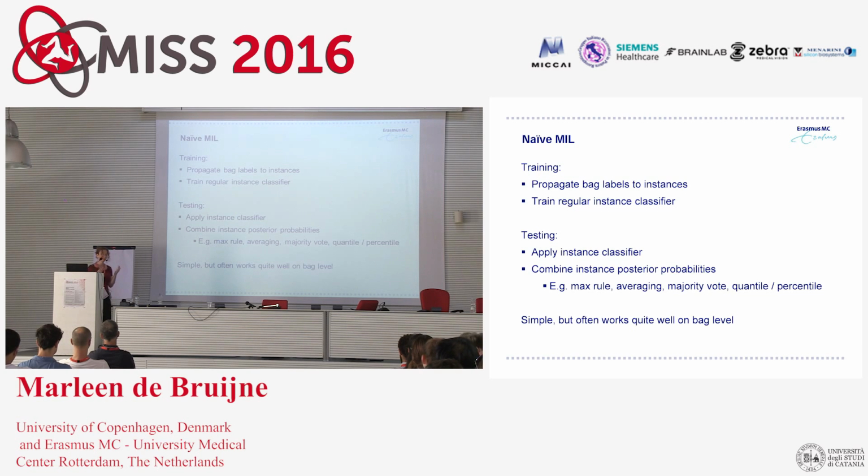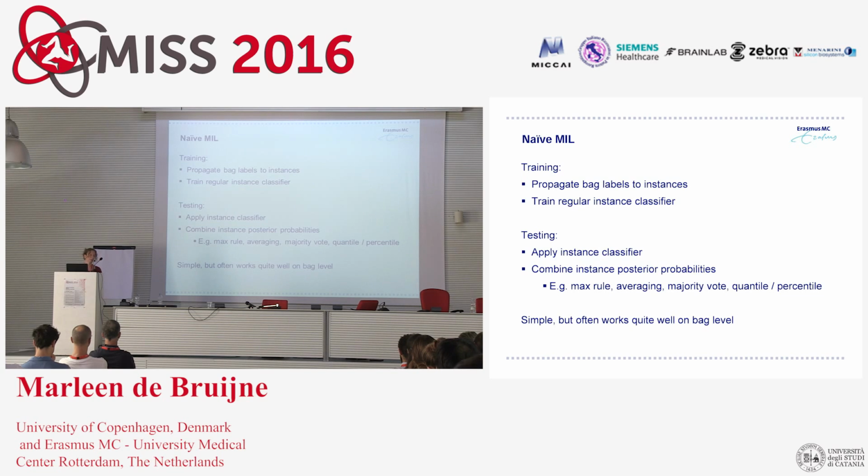And it's quite likely that within those positive bags, there are some signs of disease, but the large majority of voxels or regions of interest might be normal. But there will be at least one, some instances that are positive, that are abnormal. But we assume for now, to be able to train a classifier, that all of them are positive.